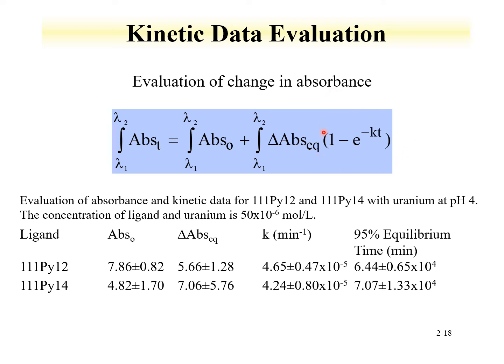This is very similar to radioactive decay also being first order. This was evaluated where the absorbance initial, this delta absorbance that's due to the equilibrium, we've got the equilibrium constants, so you can determine how much time is needed to reach a certain percentage of equilibrium through this term. And one of the consequences of this study was showing that the ligand did bind uranium, but at a pretty slow rate, so it may not be the best ligand for doing extractions.